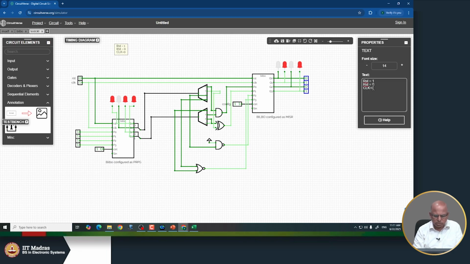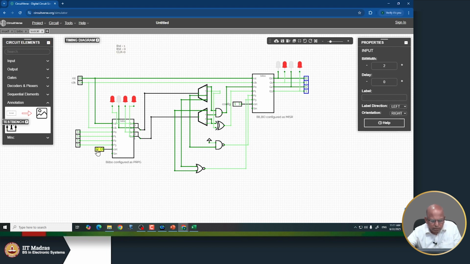This we forgot to name it now. We call it PRPG config, okay, or Bilbo 1 config.